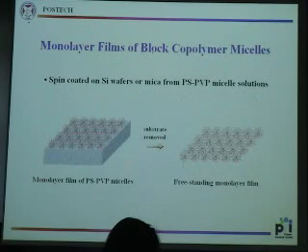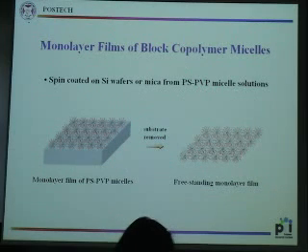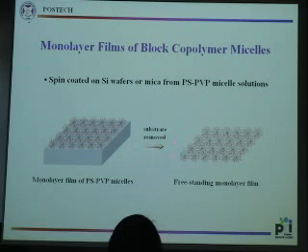Also, we recently demonstrated that this micelle of PS-PVP can be transferred onto the solid substrate by the simple spin coating method. And then we were able to fabricate the monolayer of PS-PVP micelles by the spin coating, and this film can be removed from the mica substrate by floating the film on the water, and it can be transferred onto a TEM grid.